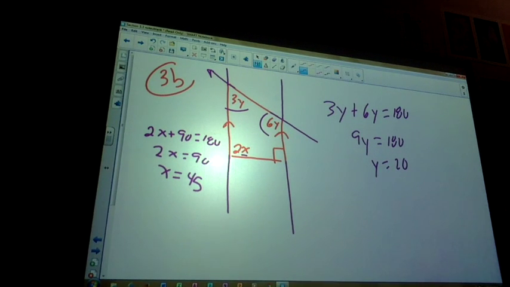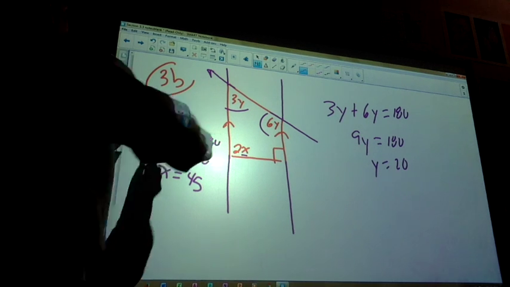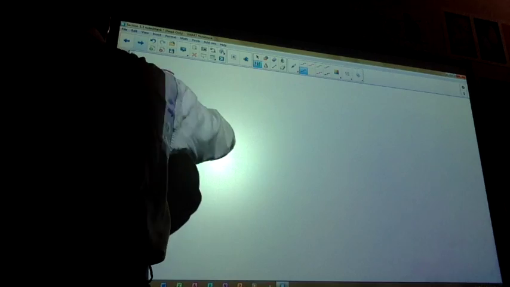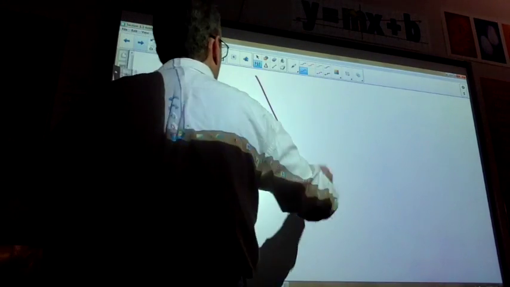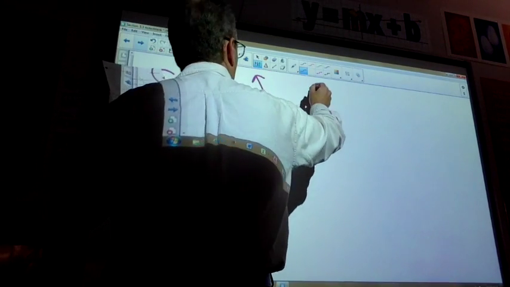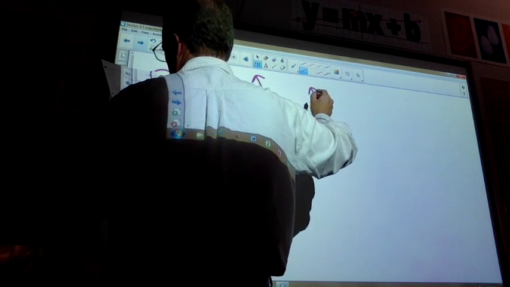Anything else from the front side? 3C? Sure. 3C. All right. So we have this, and it's going to be parallel to this.